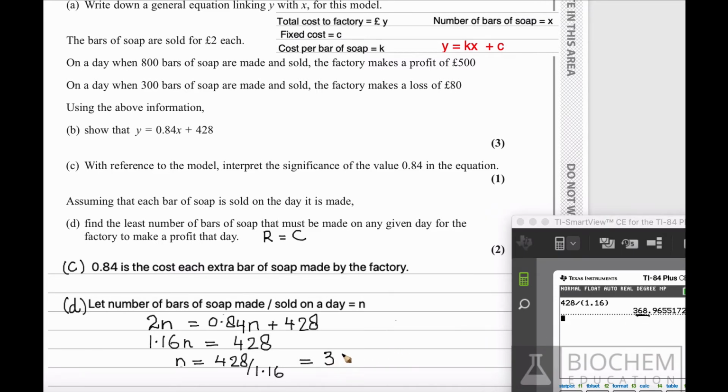So let's write this as 368.97. Now, if you look at the question, they're asking for the least number of bars of soap to make a profit. So we will go to the next whole number, because that will give us n is equal to 369 bars that need to be made in order to just make a profit on that day.